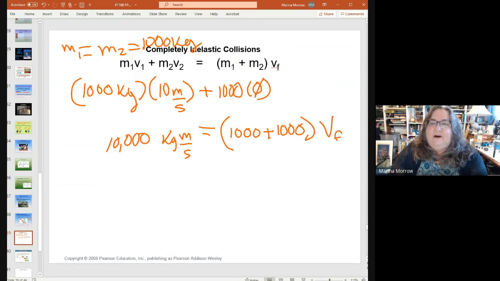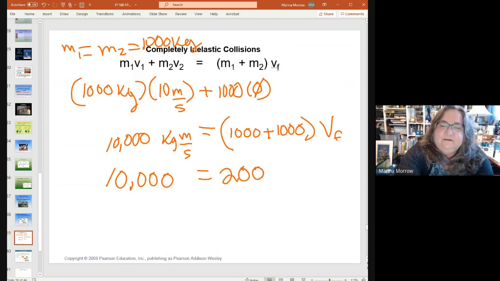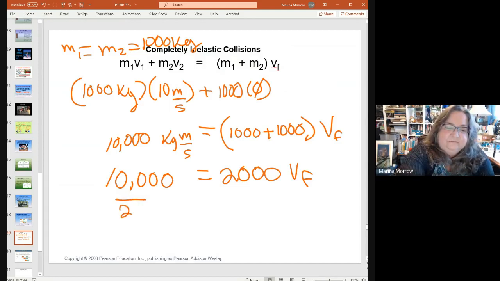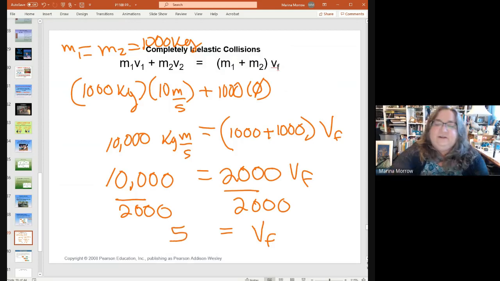So I've got 10,000 on this side equals 2,000 times the final velocity. Divide both sides by 2,000, and I end up with the final velocity equal to 5, in meters per second.